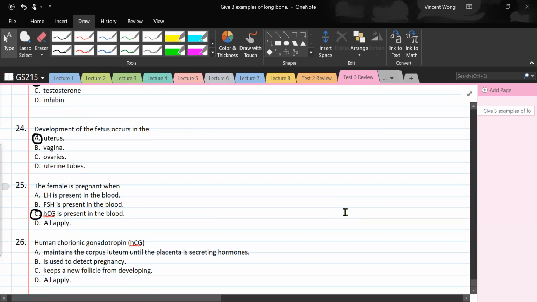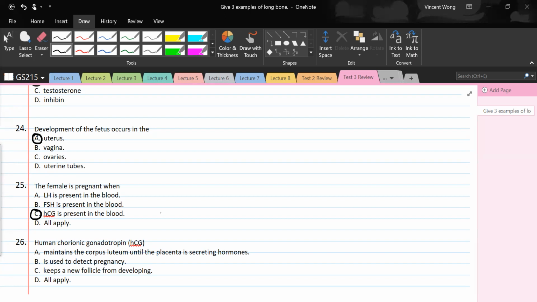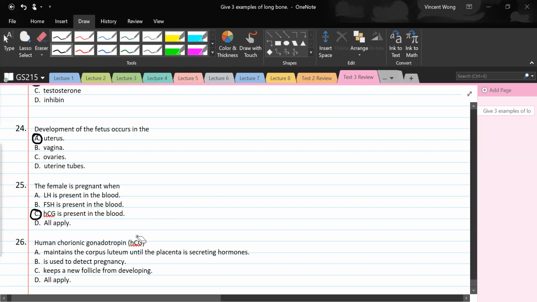And the function of the HCG is to help maintain the corpus luteum until the placenta is fully formed. Remember, the corpus luteum is the one that's cranking out the progesterone, and we need the progesterone to maintain the thickness of the endometrium. So we need that. We don't want the corpus luteum to break down, and that's what the HCG is going to do, until the placenta forms, then the placenta will take over and make its own progesterone.